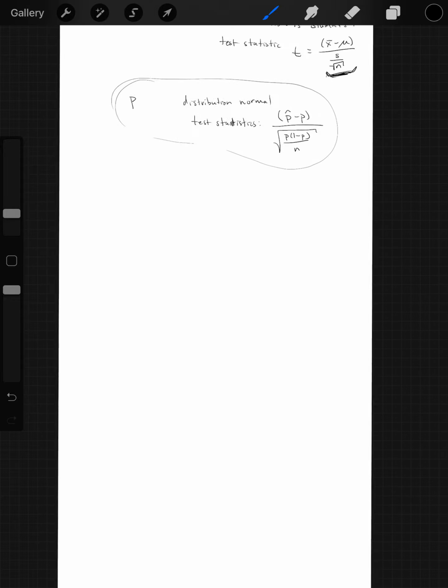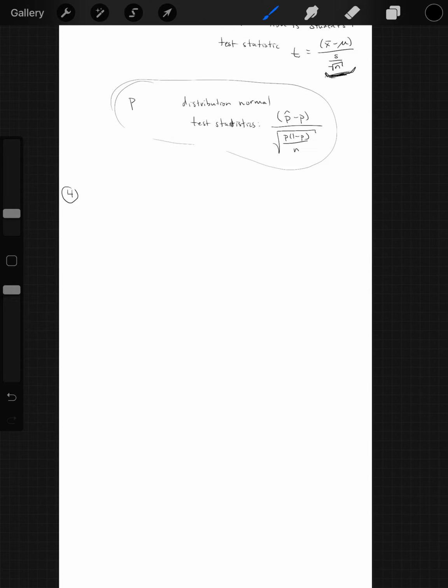So in step 4, we're going to draw a conclusion, and it's always going to be one of two conclusions. There are only two possible conclusions to a hypothesis test, and that is you can either reject the null hypothesis or you can fail to reject the null hypothesis. I'm going to draw a box here to show all possible outcomes.